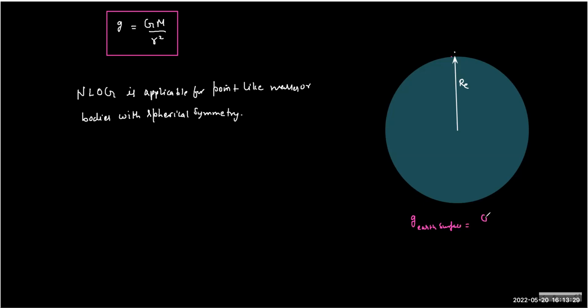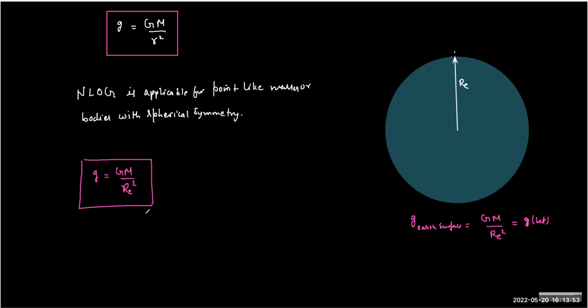The formula is g equals GM by R_E square, and this we call g symbolically. So g by default we call it GM by R squared. That's simple.